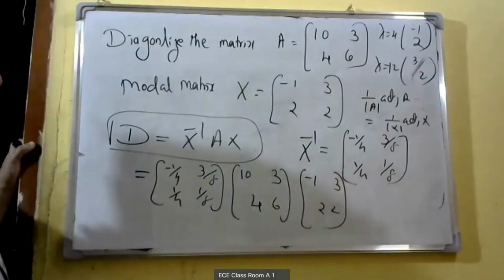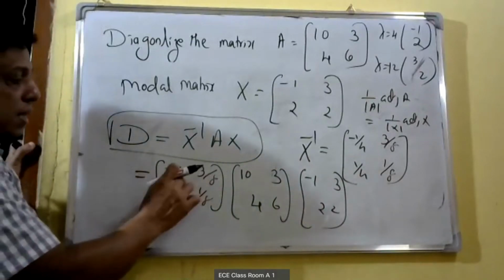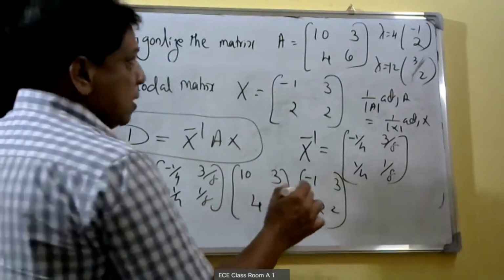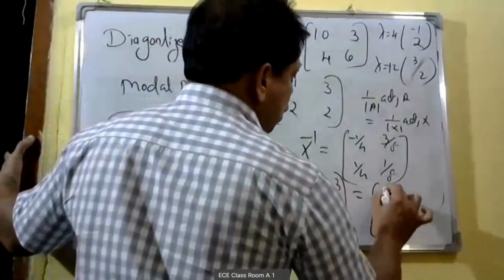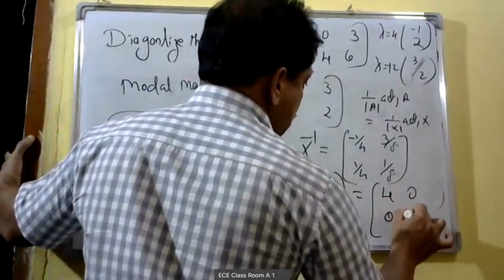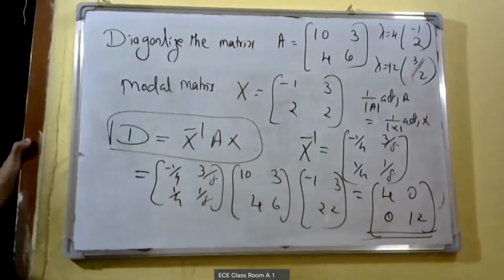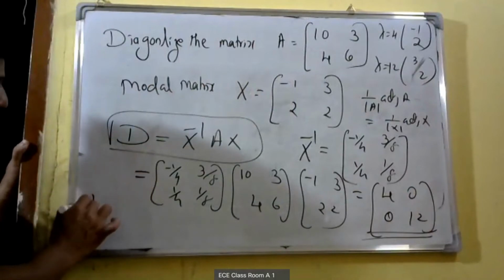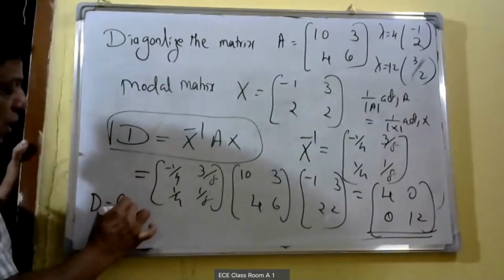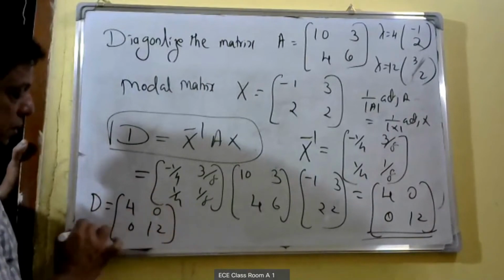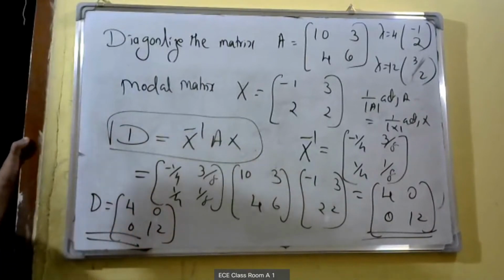By multiplying these matrices, you will get the result [4, 0; 0, 12]. This is the diagonalization. Our required diagonal matrix is 4, 0, 0, 12.